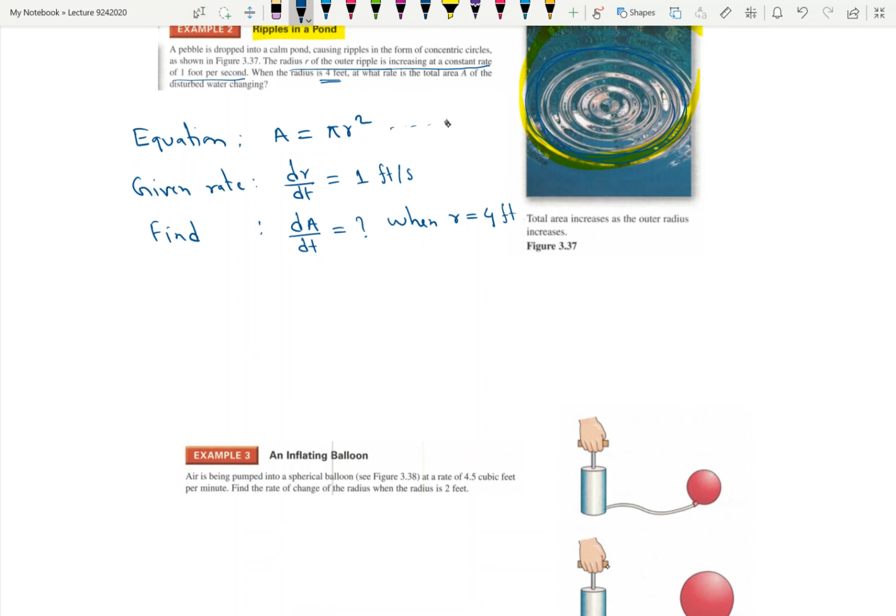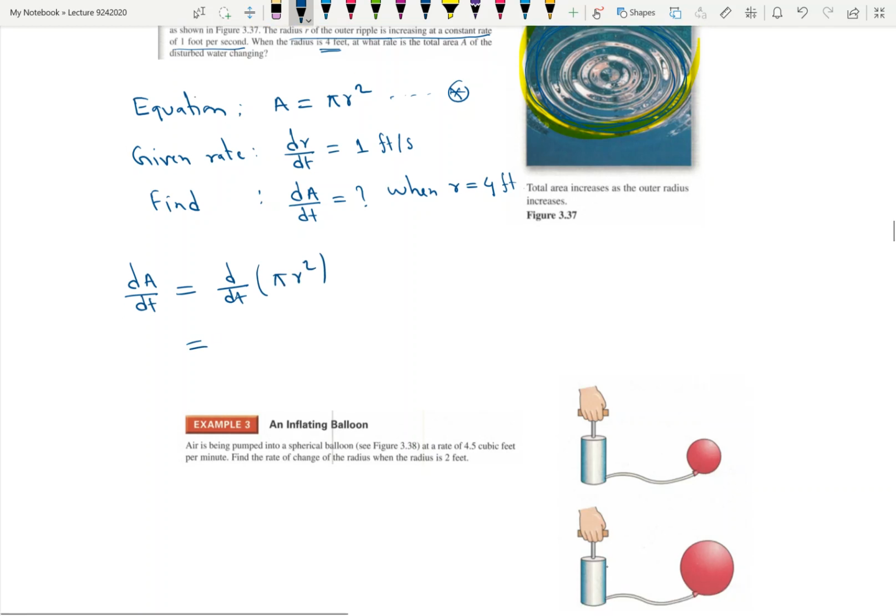Take the derivative of this equation with respect to t. So dA over dt would be d over dt of pi r square, and pi is a constant, so it becomes 2r times dr over dt. Now we are given that r is 4 feet and dr over dt is 1 foot per second.